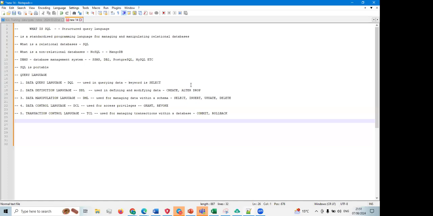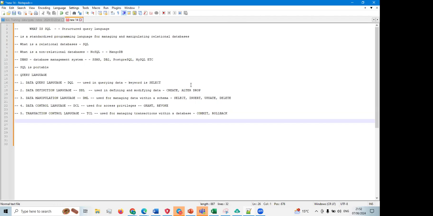The data query language, that's the keyword select. As a matter of fact, that is the only word that you will be using, select.